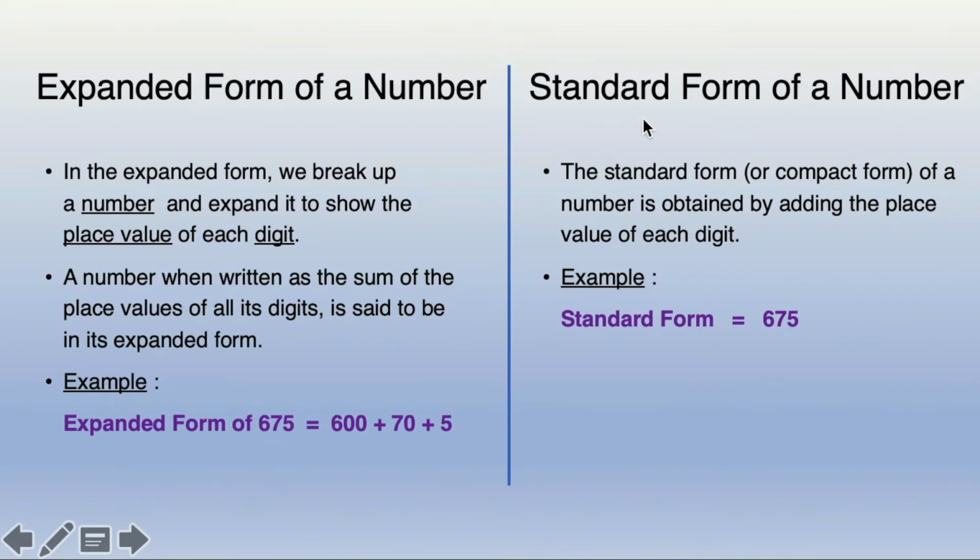Now the standard form or the compact form of a number is obtained by adding the place value of each digit. So the result of this addition operation, that is this number itself, this 3-digit number, this is the standard form.